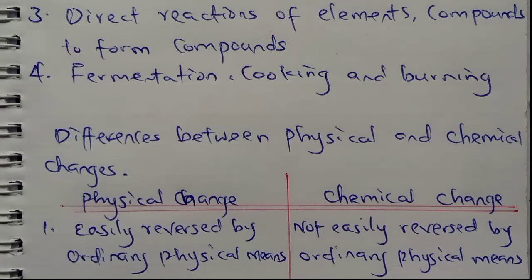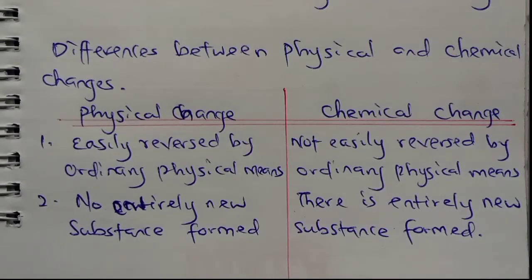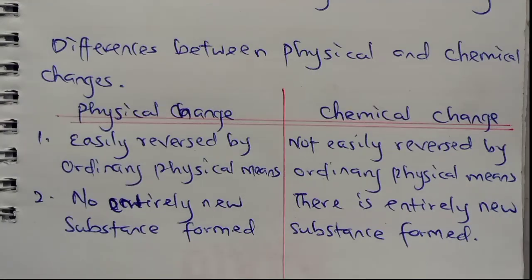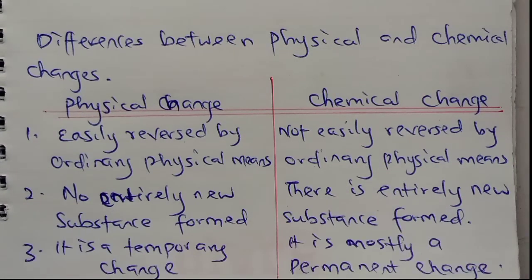Now the next point is the substance formed. For a physical change, there is no entirely new substance formed. But when we talk about chemical change, there is an entirely new substance formed. A physical change is mostly a temporary change, whereas a chemical change is mostly a permanent change.